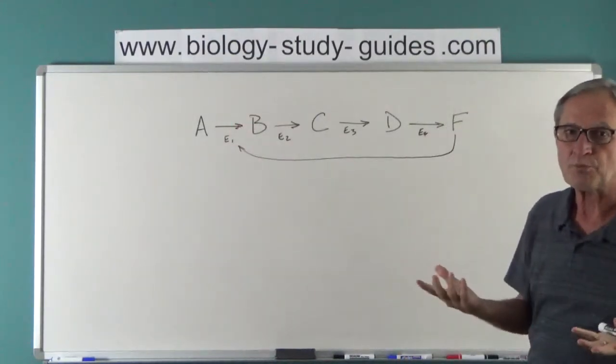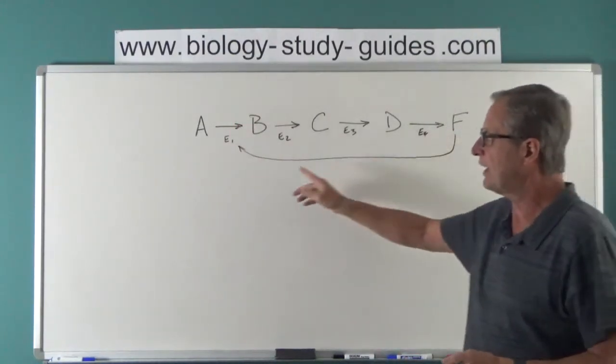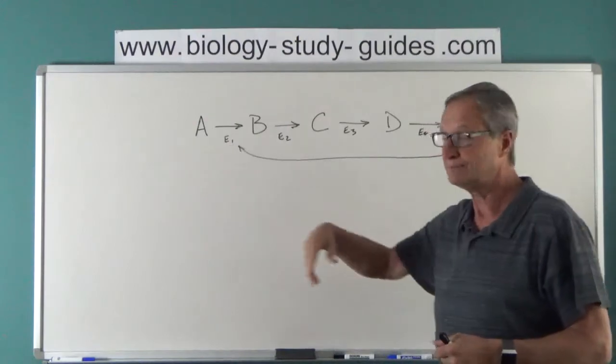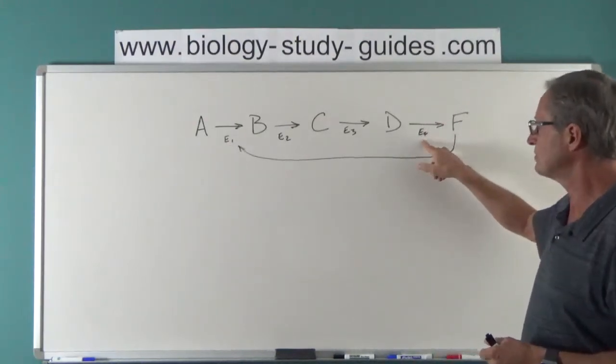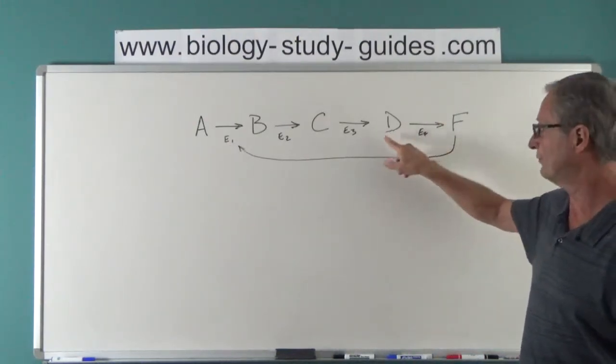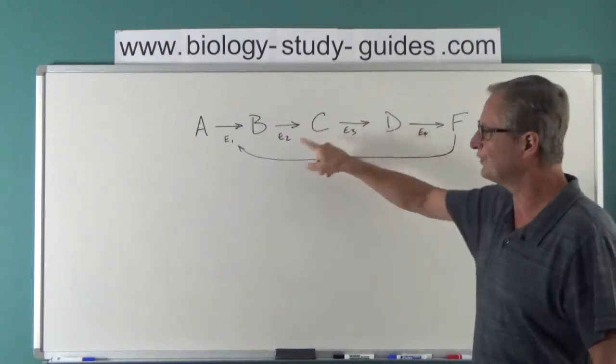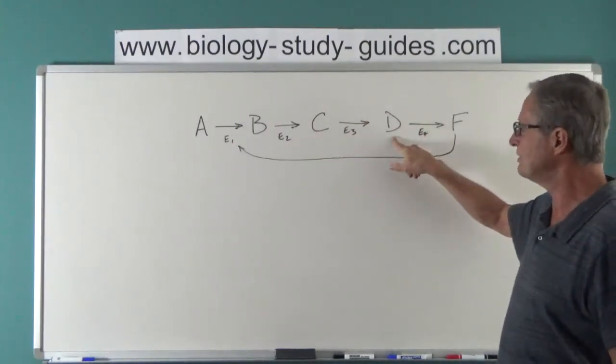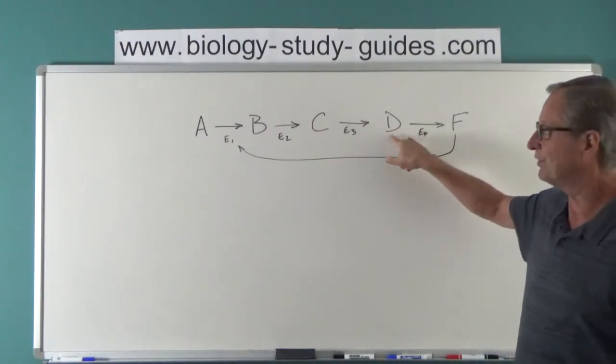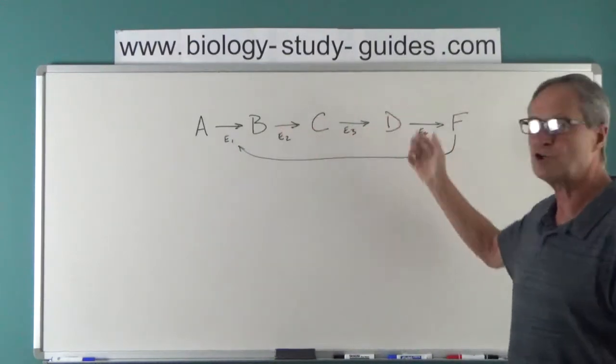And why am I so bold as to say it'll slow down enzyme 1? Well, there's no point in slowing down enzyme 2, or 3, or 4, because that would allow this to build up, which it doesn't need to do. You don't need to stockpile these intermediates.